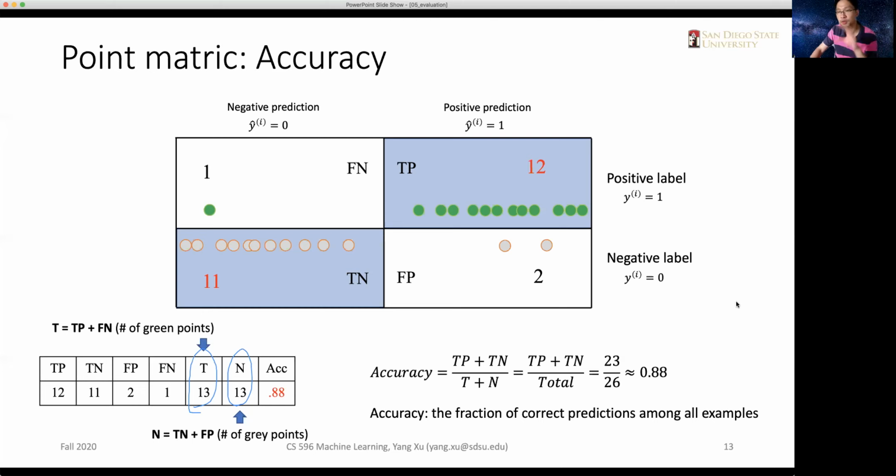Of course, accuracy here doesn't distinguish the positive predictions and the negative predictions.